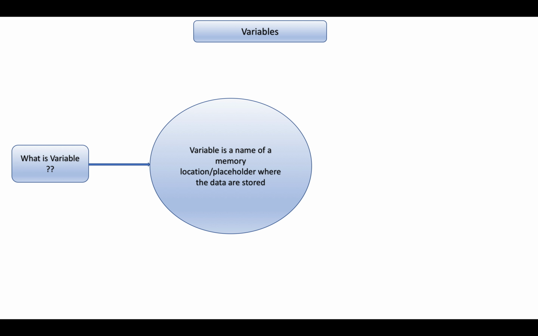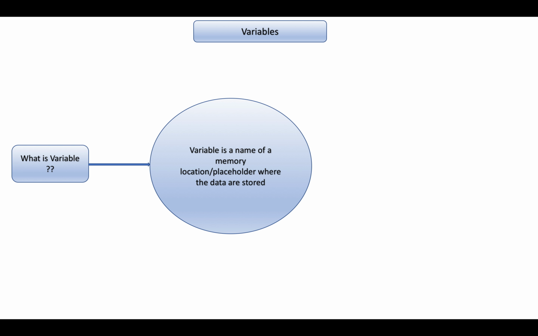So what is a variable? In the last section I was mentioning the same thing. A variable is a name of a memory location or placeholder where you keep your data. Same example I took last section: you want to add 5 and 2, so you want to get the result as 7.